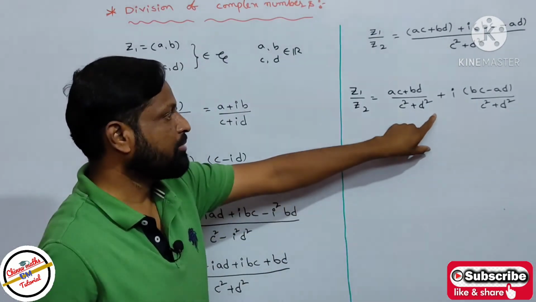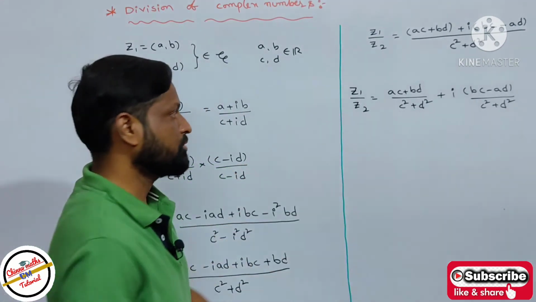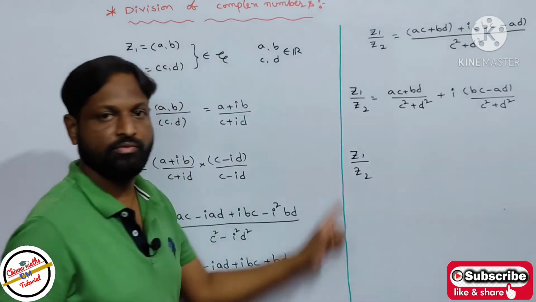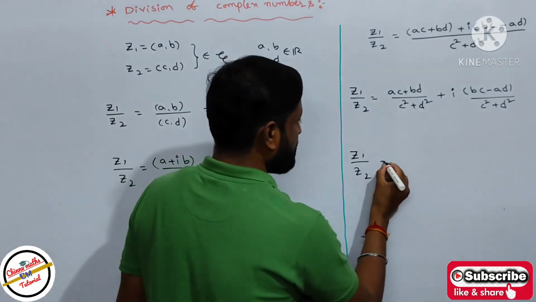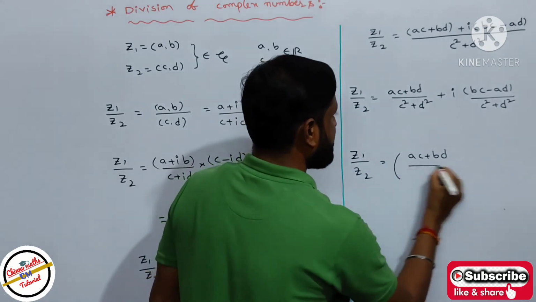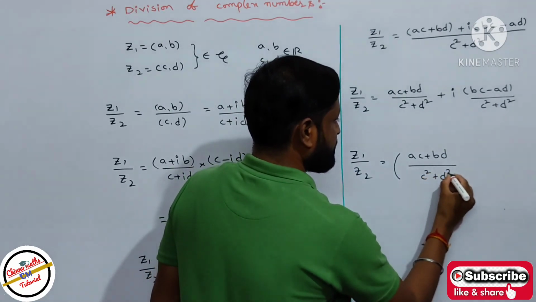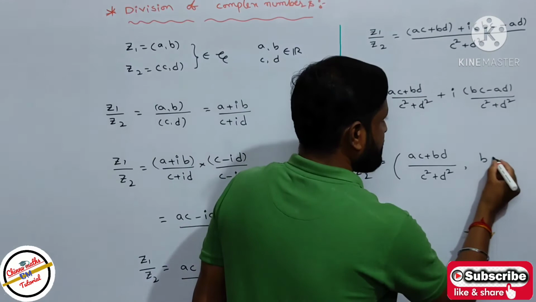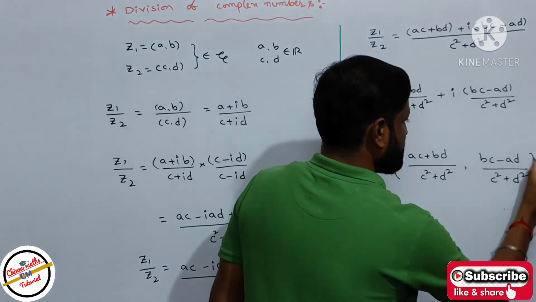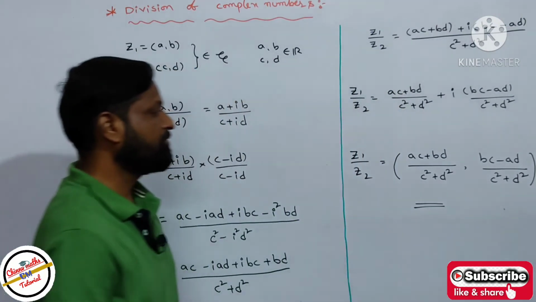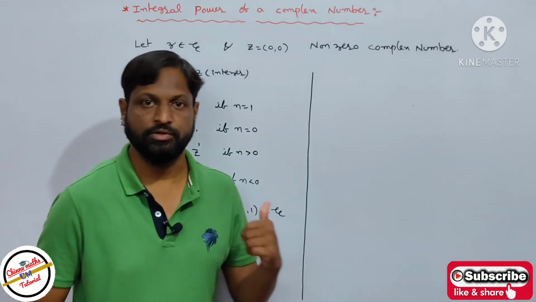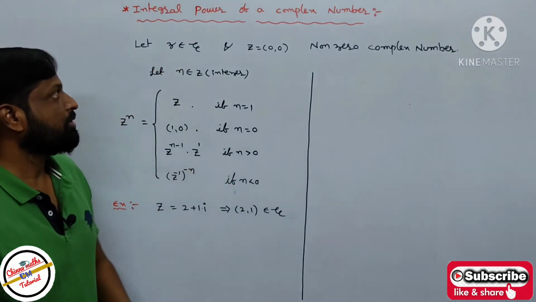Every complex number should also be expressed as an ordered pair. So the division of two complex numbers z1 by z2 can be written as an ordered pair, that is equal to ac plus bd by c square plus d square, comma bc minus ad by c square plus d square. So then it is called the division of two complex numbers. Clear? Next definition, integral power of a complex number.